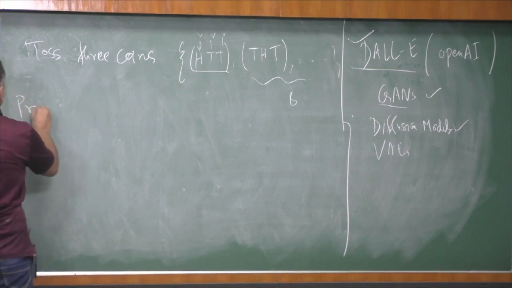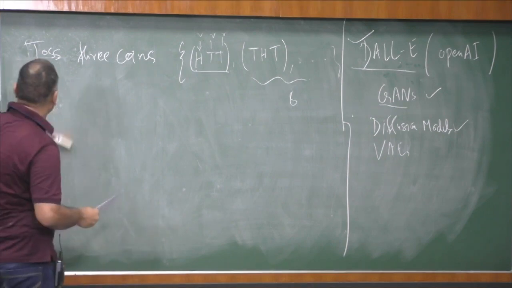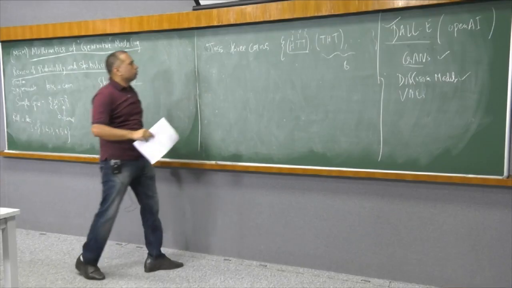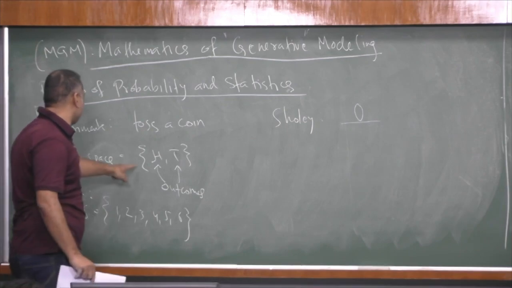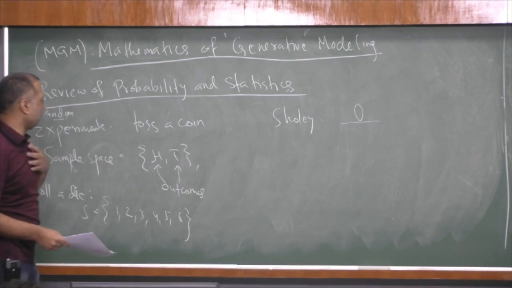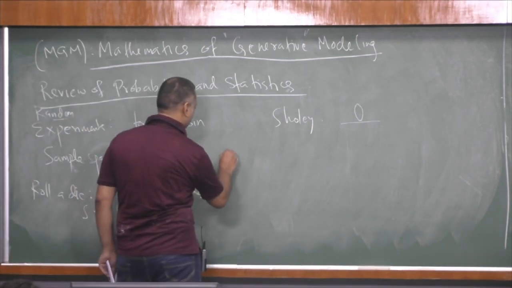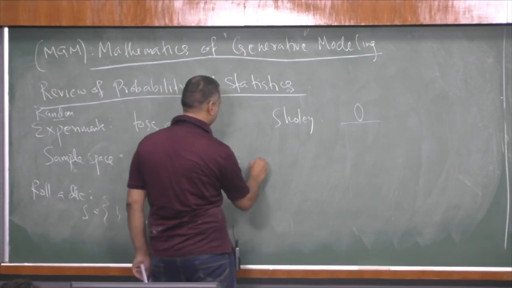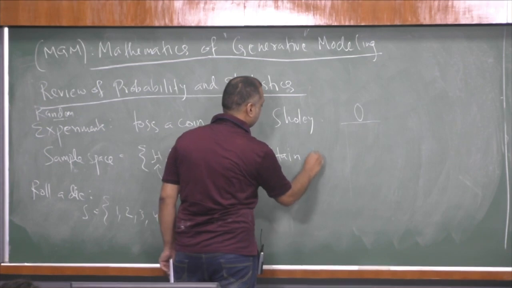So probability is a measure. When I do an experiment, I may define what I'm going to expect from the experiment. For instance, I can define something that I want, say event A: obtain a head.